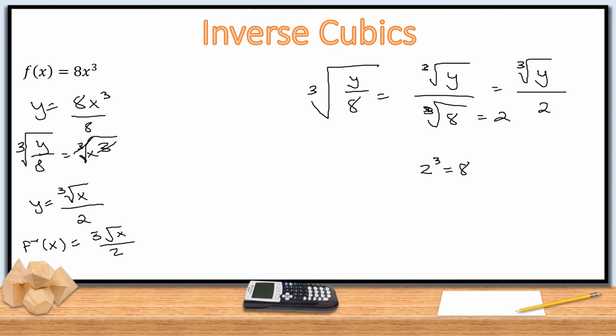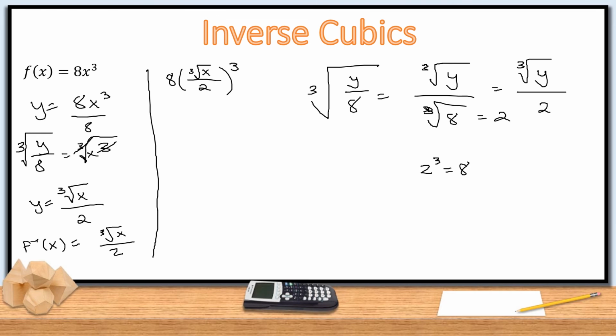Now to do the composition, we have 8 times, my 3 kind of looks like a 3 times, so that's the hard part, keeping it as a cube root, so it needs to be a pretty small 3. So we've got the cube root of x all over 2, cubed.